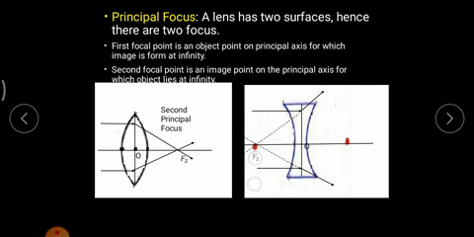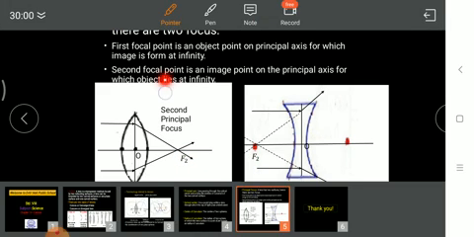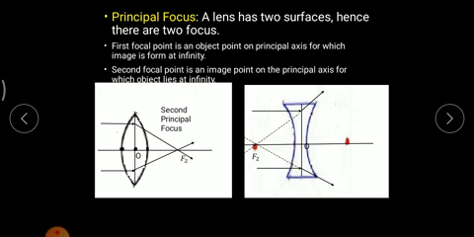So that particular point is termed as F2, and the image would be obtained over here. In this case, the image was obtained over here in this F2 position, and this again in F2 position. So always remember, the second focal point is an image point. Here the image will always be obtained.